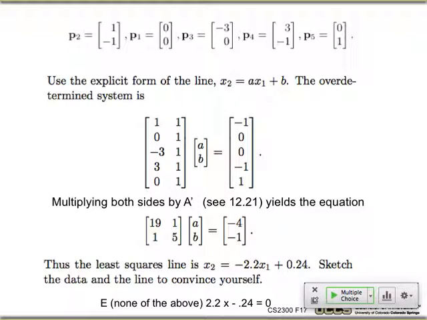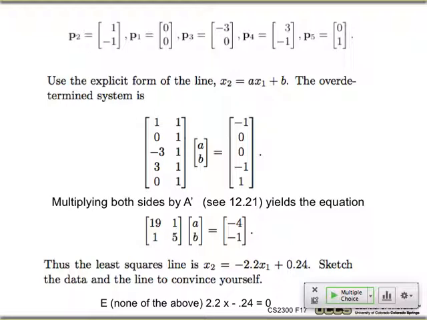So I have 1, 0, minus 3, 3, 0, and 1, 1, 1, 1, 1, and I multiply by that. Down this, I get 19. Down this, I get 1. Here, 1, 0, minus 3, 3, they cancel out, so yes, I get 1. This one I get 1, and this one I get 5.